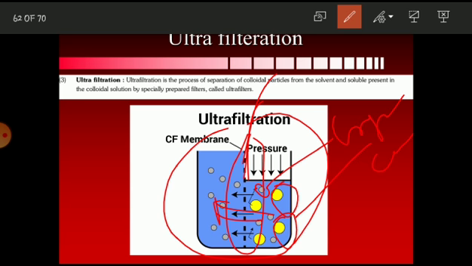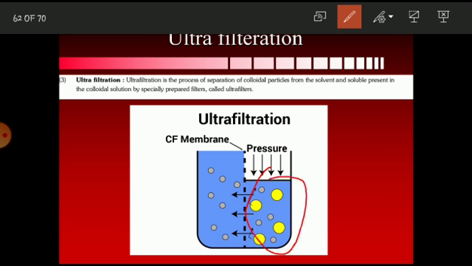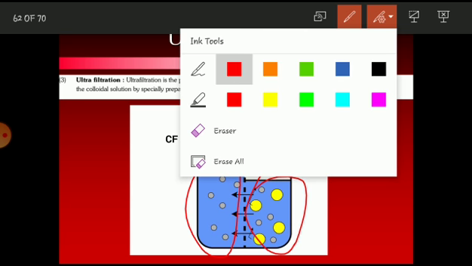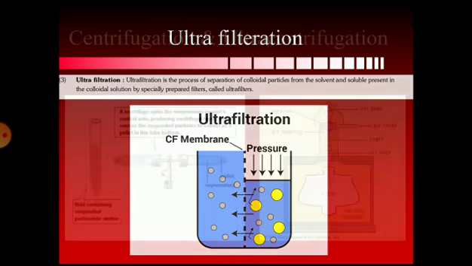So on one side you get the pure colloidal solution, and on the other the impurities. This process is called ultrafiltration, and it can be done using ultrafilter paper, which passes only impure particles but not colloidal particles.